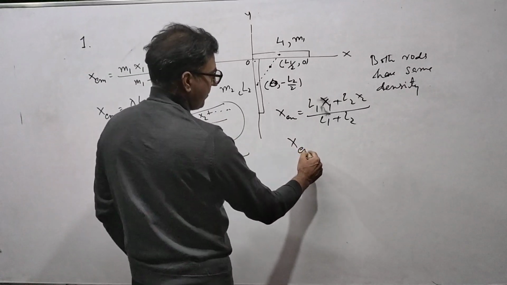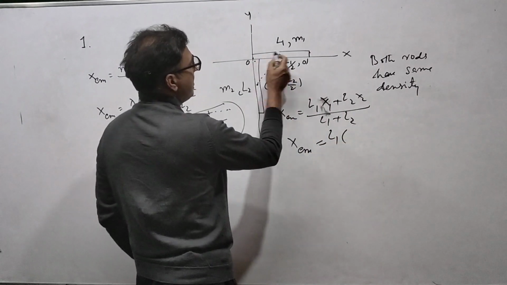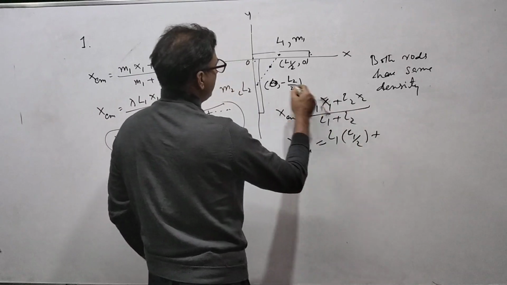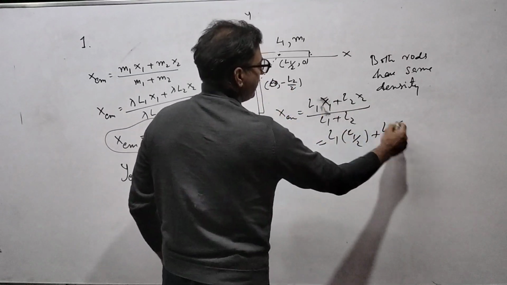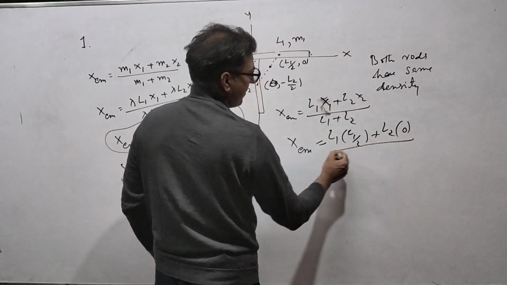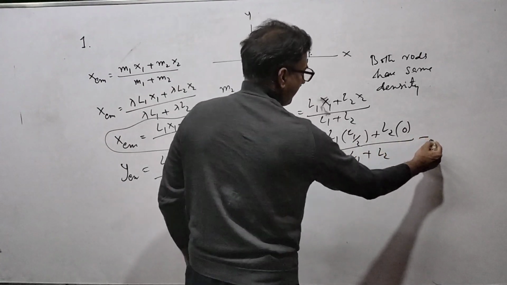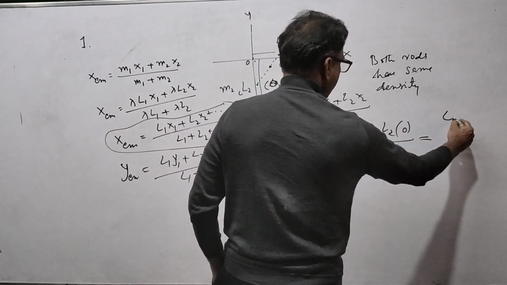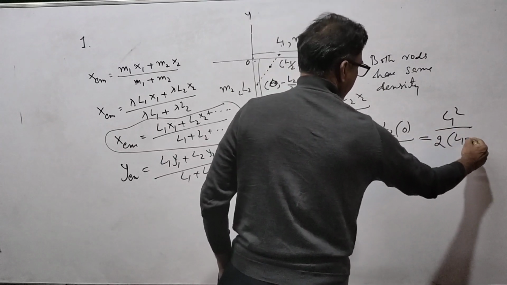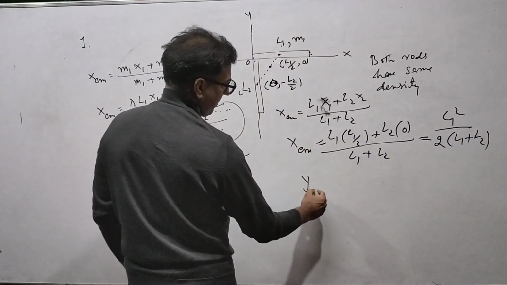So XCM will be equal to what? L1 is the length, and its coordinate is L1 by 2, plus L2, whose x coordinate is 0, divided by L1 plus L2. This will be equal to L1 square divided by 2 times L1 plus L2. That's all.